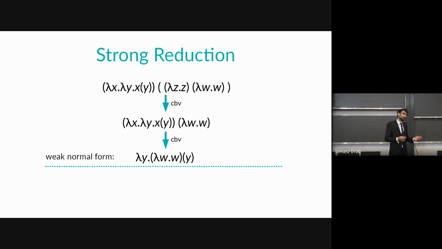And to obtain them, we have to switch to strong reduction. And for example, we can extend this weak call-by-value strategy to strong call-by-value strategy. So we finally obtain this result, lambda y. y. And it is full normal form.